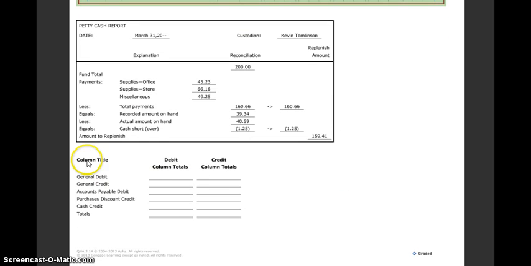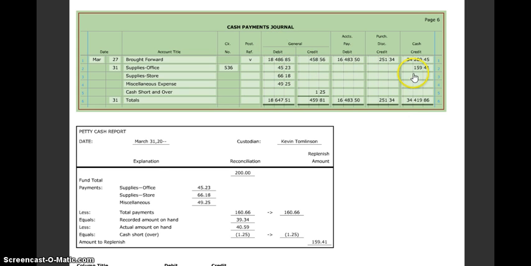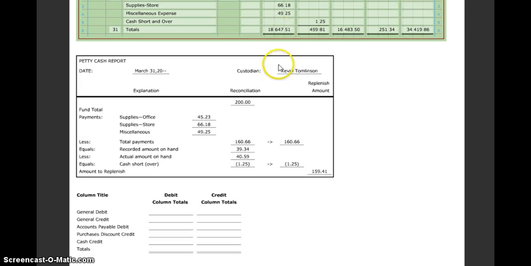And then down here we're going to prove that the debits equal the credits. So we're just proving that our debits totals equal our credits. So we're just taking the number and plugging it in the right spot. So we have a general debit and credit. Right here our general debit is 18,647.51. Our general credit 459.81.